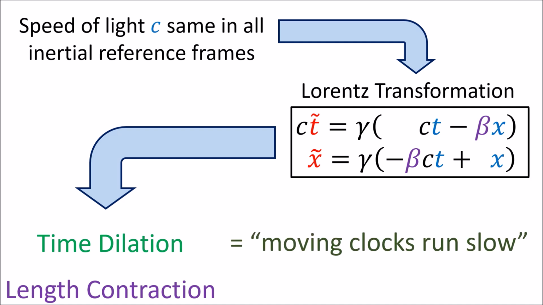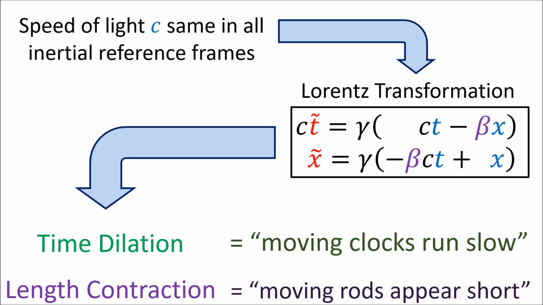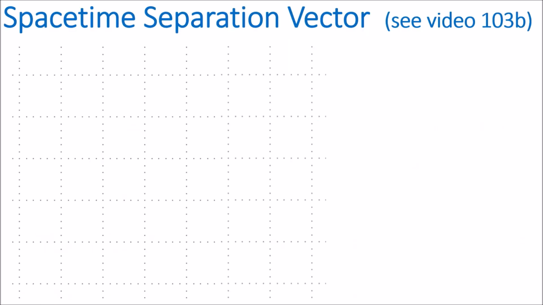Roughly speaking, time dilation is the effect that moving clocks run slow, and length contraction is the effect that moving rods appear short. To explain this, the video will make use of the space-time separation vectors that I introduced in Relativity 103b on Galilean relativity.